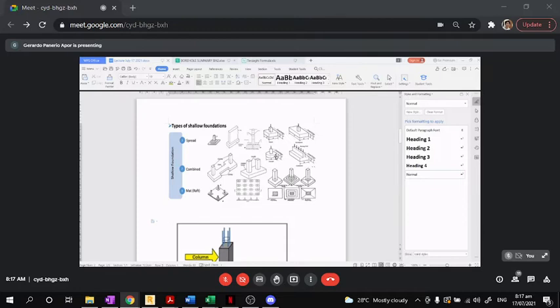It's not really easy, but there are times that you cannot get away from this design, such as if you are designing a smokestack or maybe a tower. So sometimes it's very economical for you to design a circular footing.